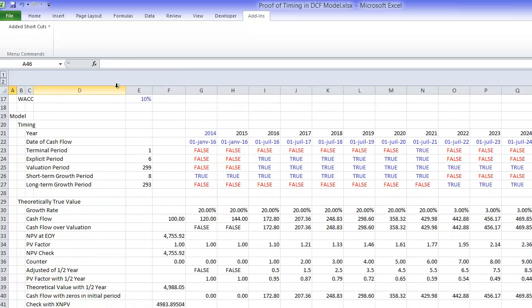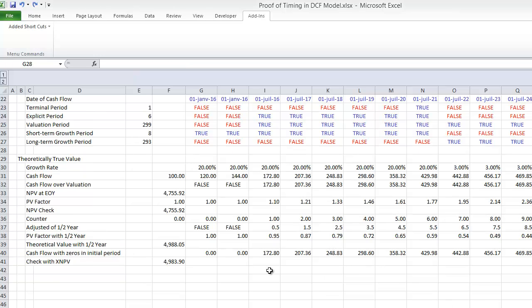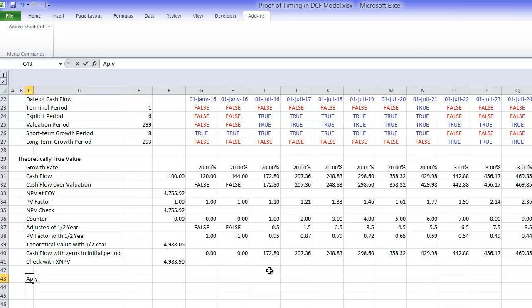It gave us a very slight, well, I'm not going to worry about that slight difference. Okay, so that's the half year assumption, and then we can also apply the adjustment to EOY.